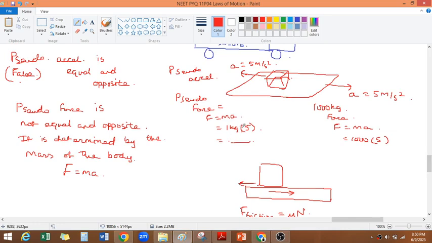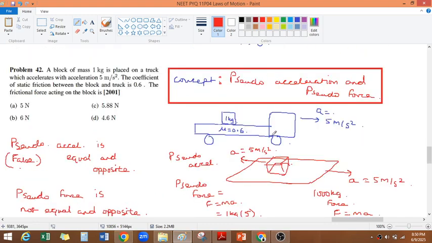Here I found the pseudo force was 5 into 1 kg, so it will be 5 Newton, right? So you have both 5 Newton and 6 Newton.